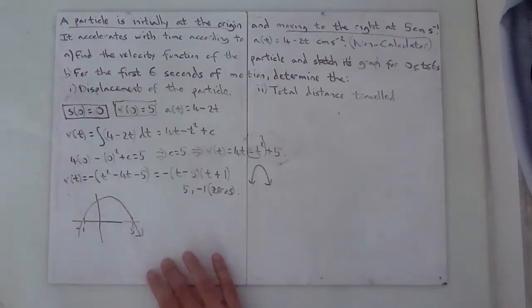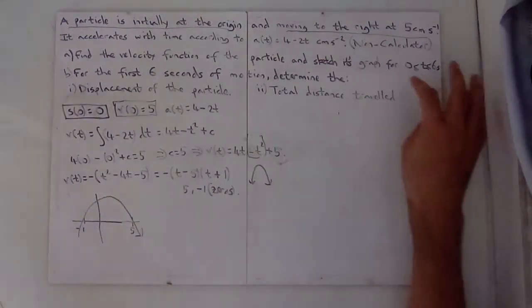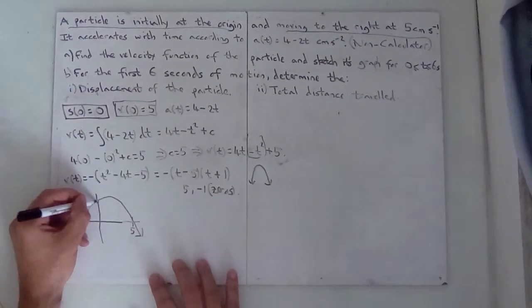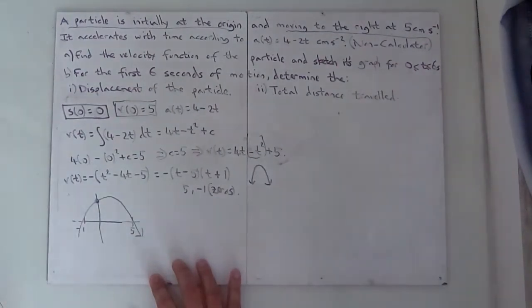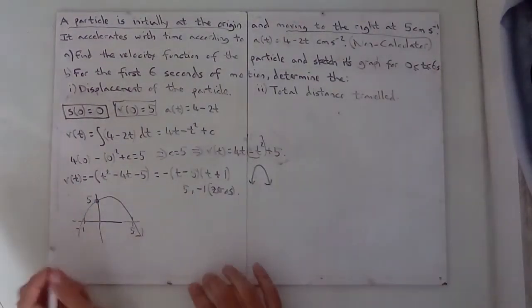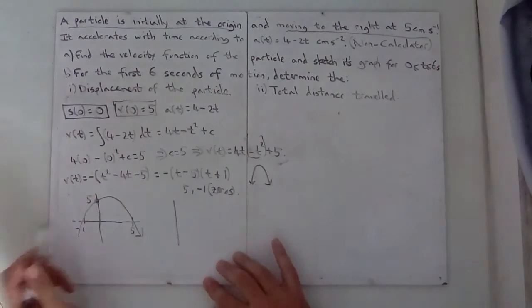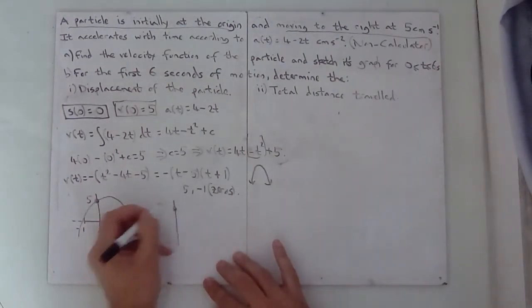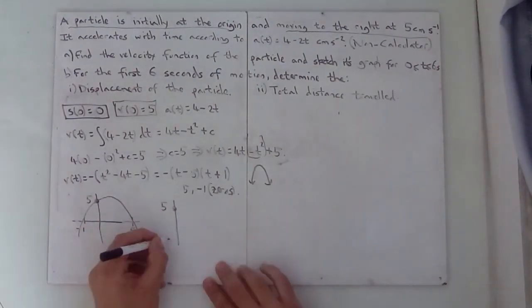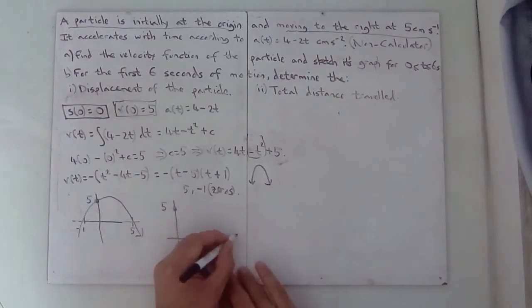But because we've only been asked to sketch from 0 to 6, we're basically chopping off this bit, and we know that this value is 5. So our graph is just going to look like this. We have the y-axis, it starts at 5, and t is on this axis.